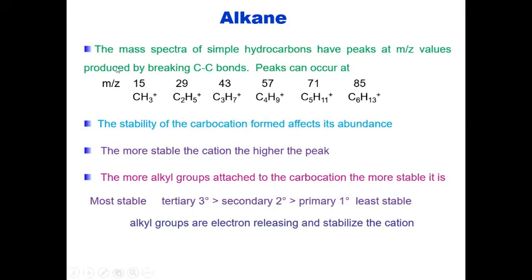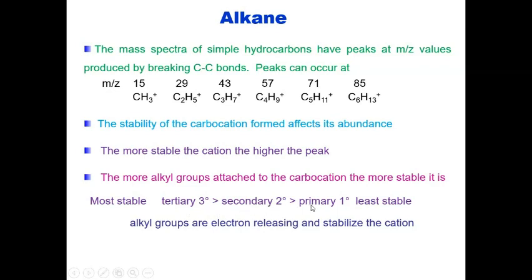So, how will we get the fragmentation pattern of alkanes? For methane, we will get a methyl cation. And for ethane, these are the different fragmentation patterns for different alkanes. Here is one important point: the most stable ions in a mass spectrometer come from tertiary, then secondary, and then primary carbons.